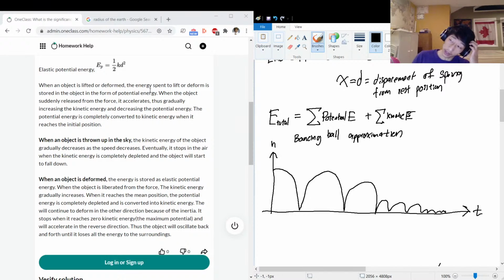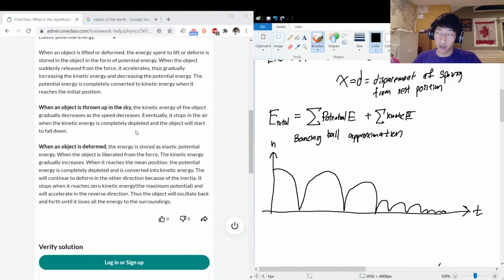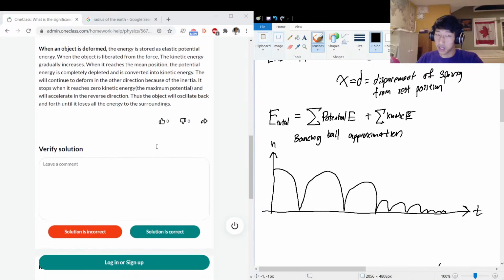You also have to consider things like object deformation or friction from bouncing and the sound that it might create. But if there's missing energy, there's always going to be some friction-related factor that will account for that missing energy. Okay, so the above solution is correct.